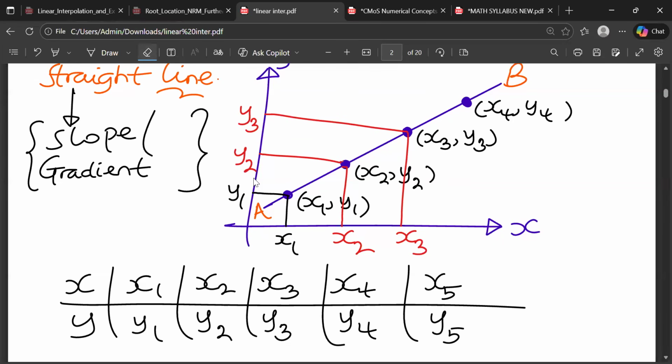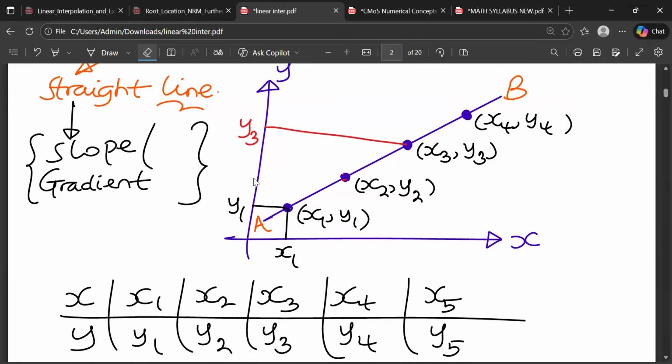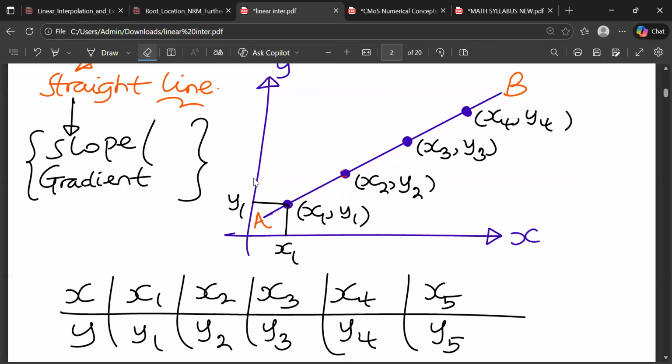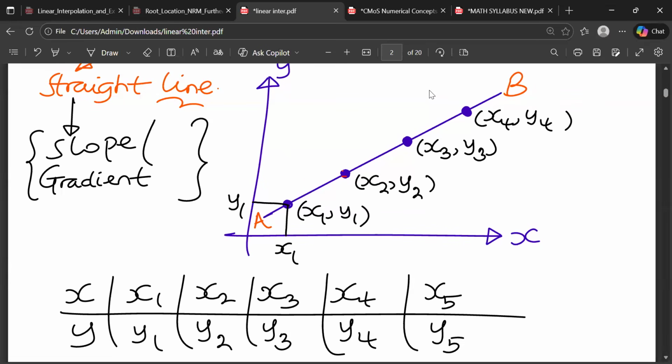Okay, who knows the general formula of gradient? I think I can remove these ones. They are making the diagram dirtier. Who knows the general formula of gradient? Tell me only the general formula of gradient, then I'll do the rest. Yes, Fahad. It is change in y over change in x.